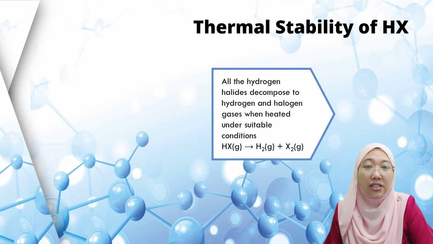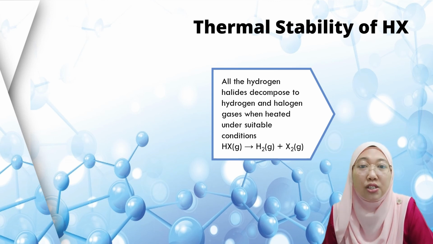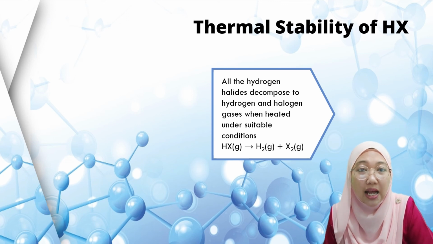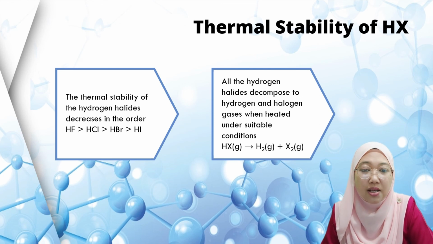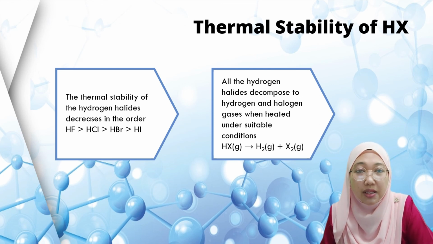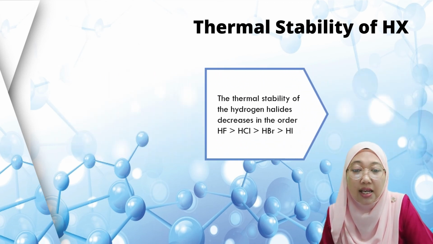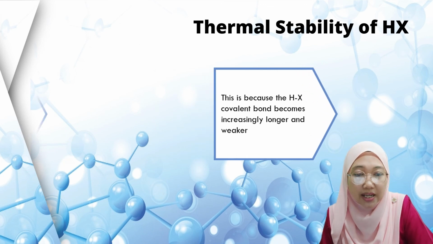So, all the hydrogen halides decompose to hydrogen and halogen gases when heated under suitable conditions. The thermal stability of the hydrogen halide decreases in the order HF, HCl, HBr, HI.